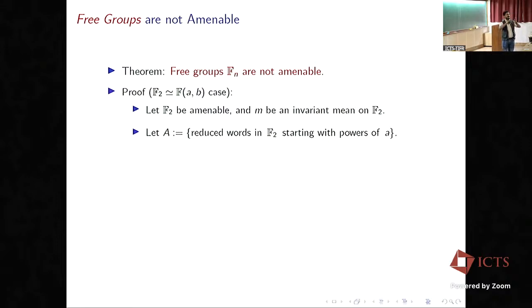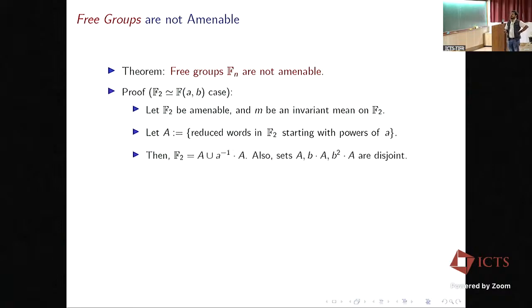In the tree, you are looking at the right-hand side component, which starts with a and powers of a. Then if I consider the set a inverse times this set, applying a inverse cancels the first a, and then you are back at the identity, and then you can have other words as well. So you can write the free group F2 as this union.